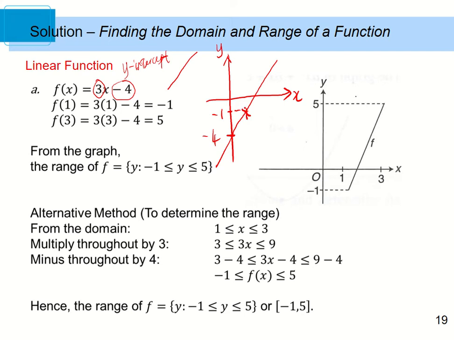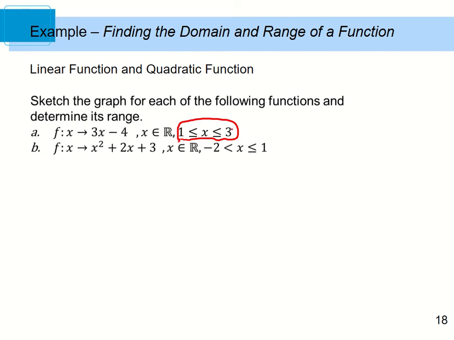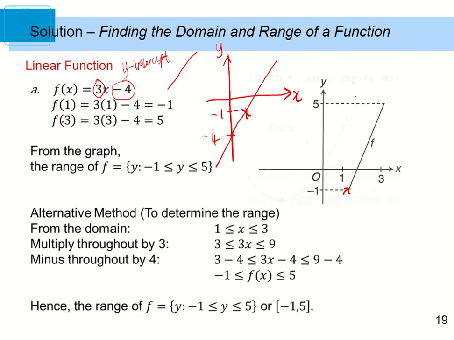So the graph actually starts here. Any value lower than this is not valid. And when x is 3, substituting into the function, we get y is 5.